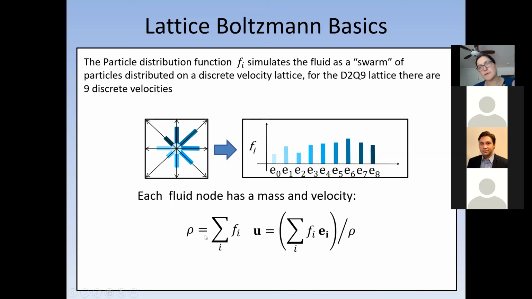This is assumed to be an ideal gas, so by knowing density I can also relate it to pressure. And I have a velocity field at every point. I can evaluate velocity by doing this, as long as I know the fi, these ei are static, and rho, of course, I can compute.